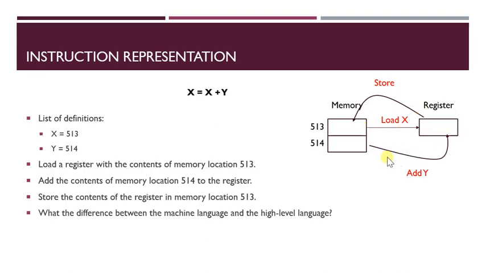Then you take the value inside Y and do the addition. The result after the addition, you store back inside memory X. All right, so basically this is similar to the program execution that you learned inside chapter 3.